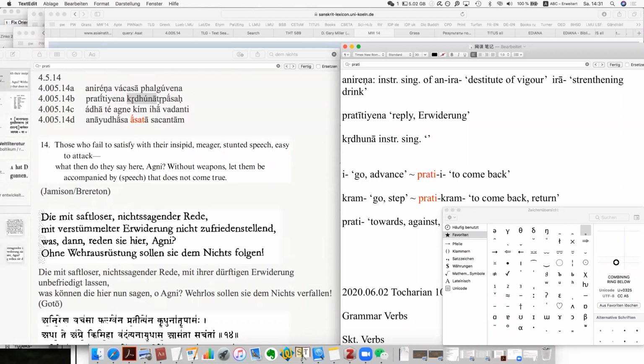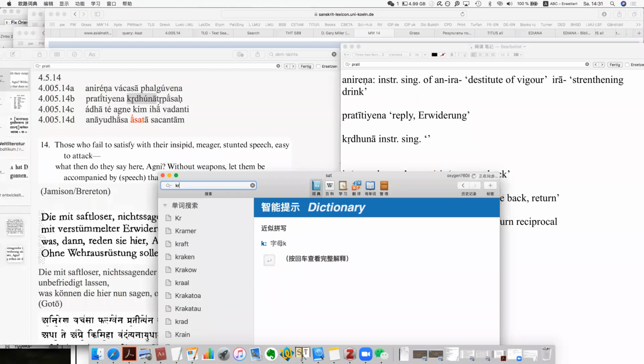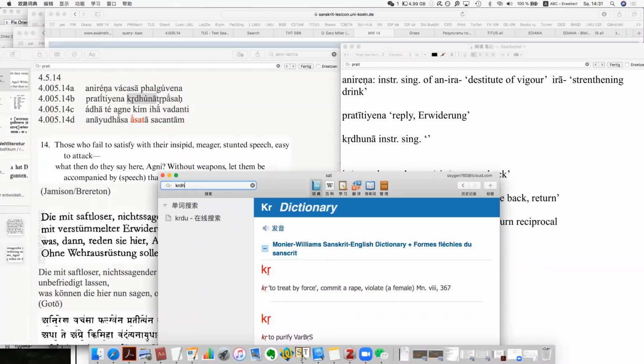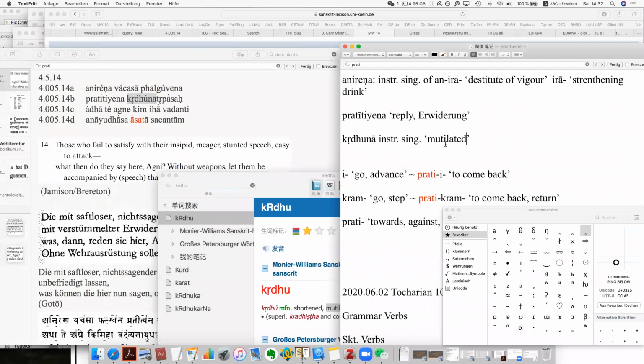It means verstummt, stunted. Let's check it. Shortened, mutilated, deficient, probably mutilated. So it's a shortened, mutilated reply.